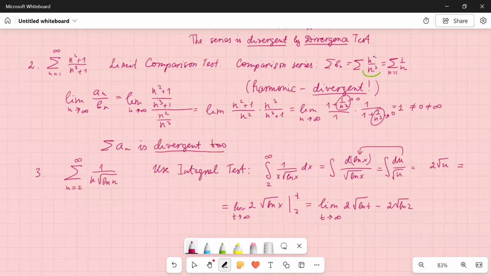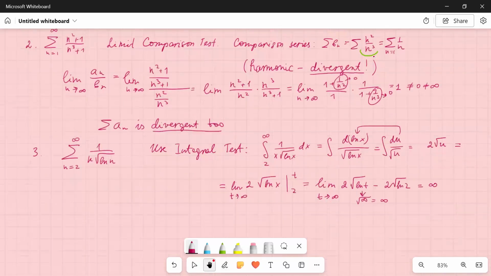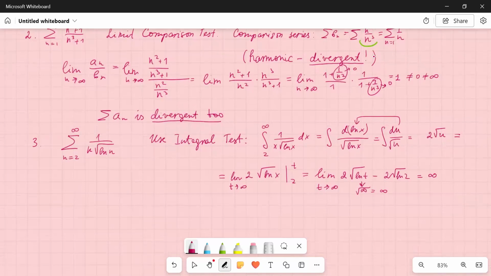When t goes to infinity, ln goes to infinity, and the square root of infinity is still infinity. So I'm going to get infinity. So my integral is divergent. I'm going to write down the integral is divergent.